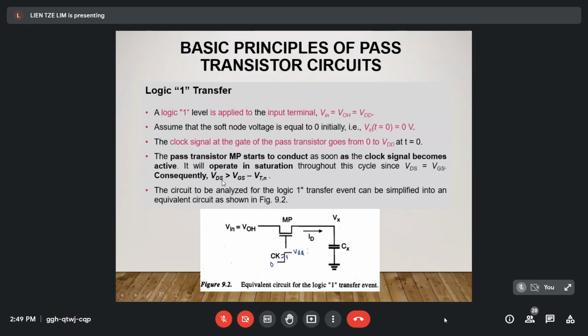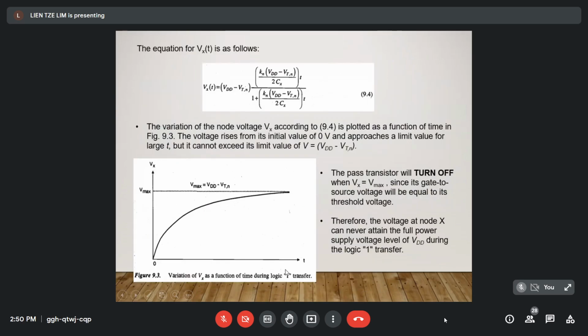Consequently, VDS is larger than VGS minus the threshold voltage. The circuit to be analyzed for the logic 1 transfer event can be simplified into an equivalent circuit, so it refers to figure 9.2. There is a formula here, but I'm not going to explain it. I directly show the graph.